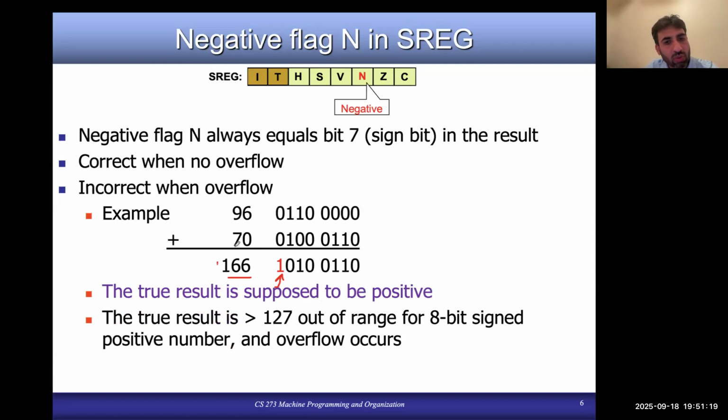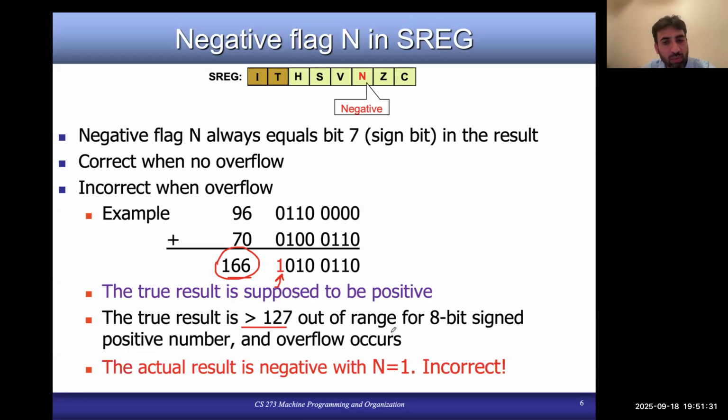Because the result of the addition is 166, and the range of 8-bit signed numbers is from minus 128 to 127. 166 is greater than 127, so overflow has happened, and that's why we cannot trust the negative flag. Any questions?